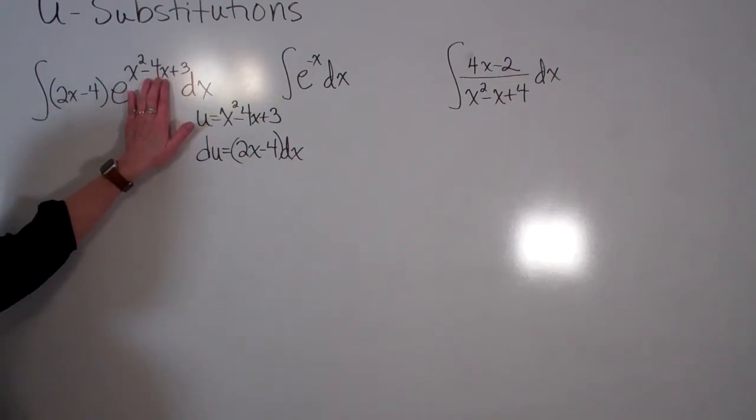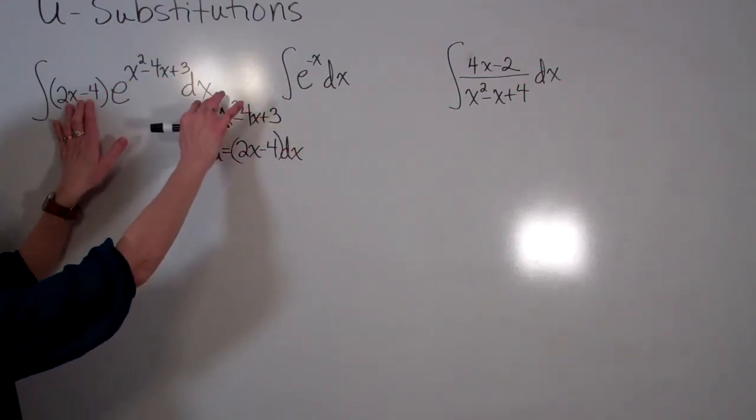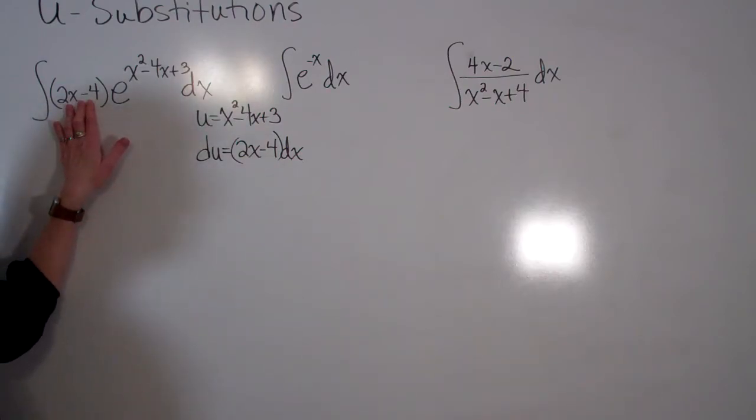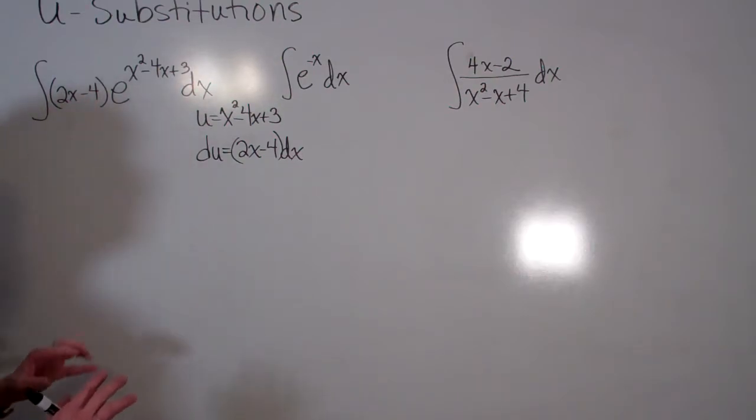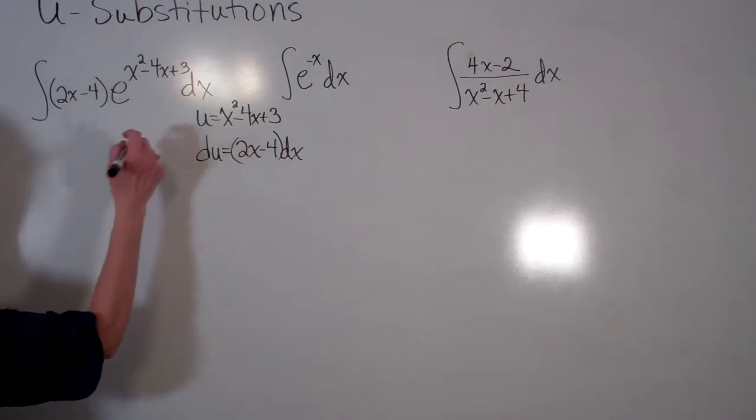So with my u being replaced here, I do have the 2x minus 4 exactly and the dx. So this goes back exactly. Now, it could be a constant multiple, in which case we would just have to work with it a little bit more. Like this could have been 10x minus 20 or something like that, and we still would have been able to work with our expression to use our u-substitution. But here it's directly back.